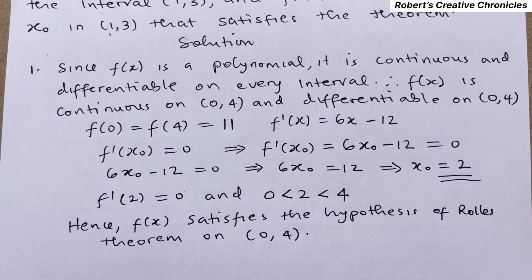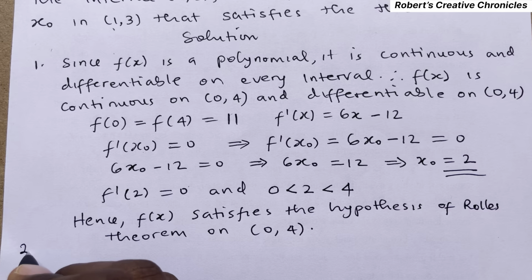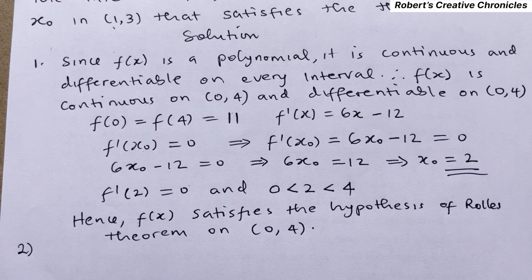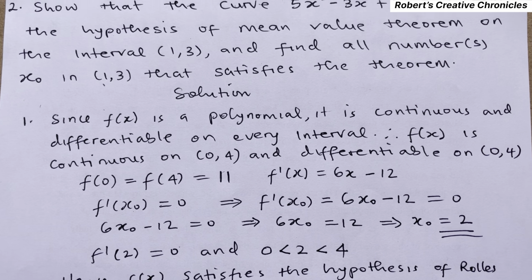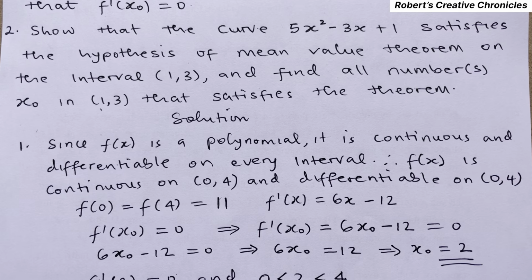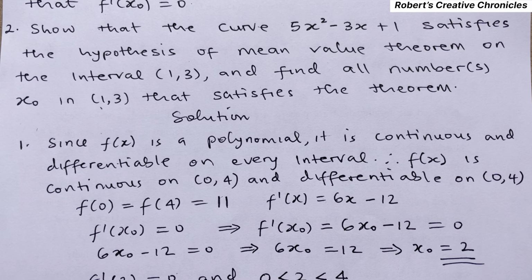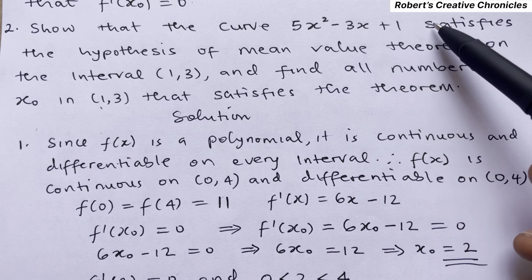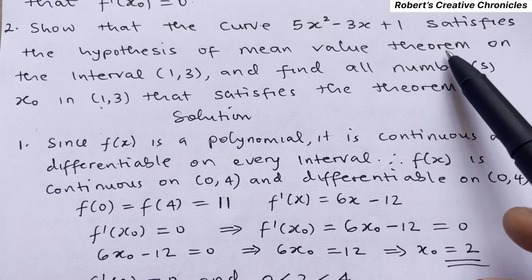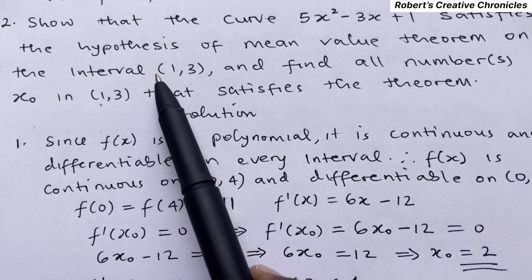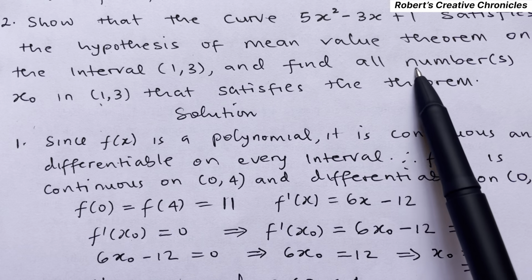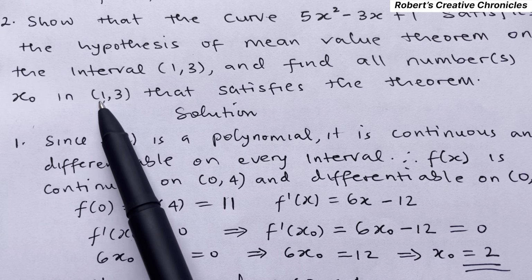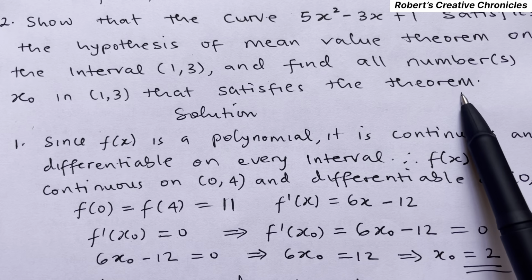Now let's move to the second one. This one is based on the mean value theorem. It states: show that the curve 5x squared minus 3x plus 1 satisfies the hypothesis of the mean value theorem on the interval 1, 3, and find all numbers x0 in 1, 3 that satisfy the theorem.